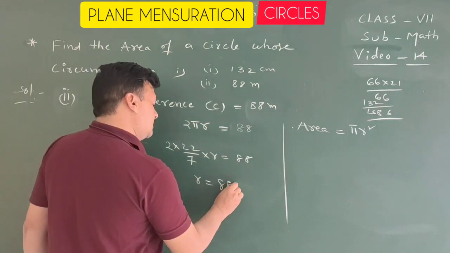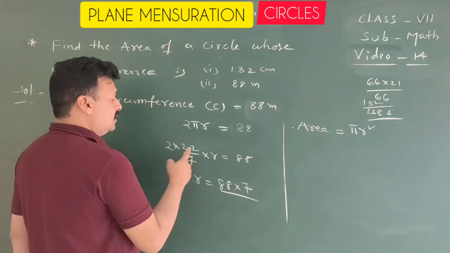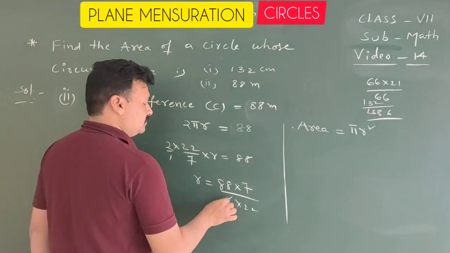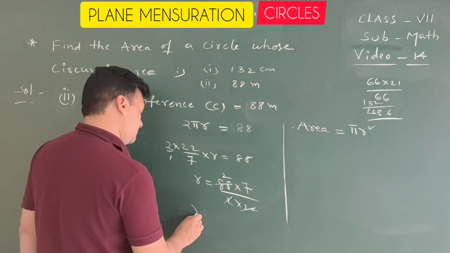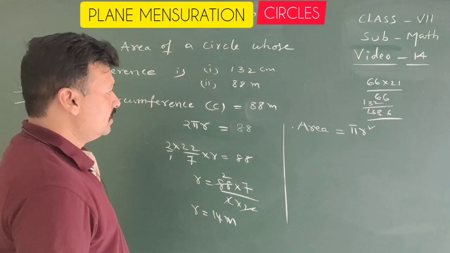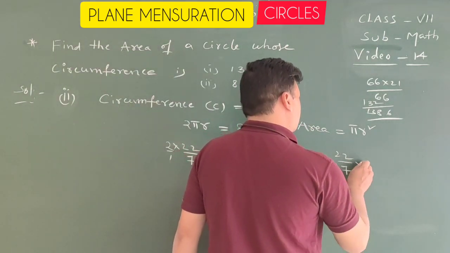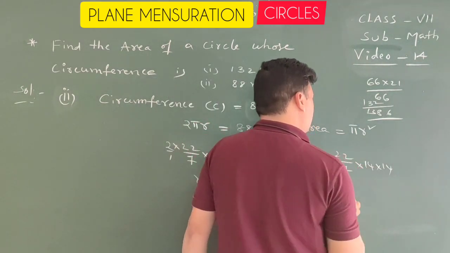R equal to 88 into 7, denominator becomes numerator and numerator becomes denominator, 2 into 22. 2 22s are 44, here 2 times. R equal to 14 meters. Now area, 22 by 7 into here 14 into 14.